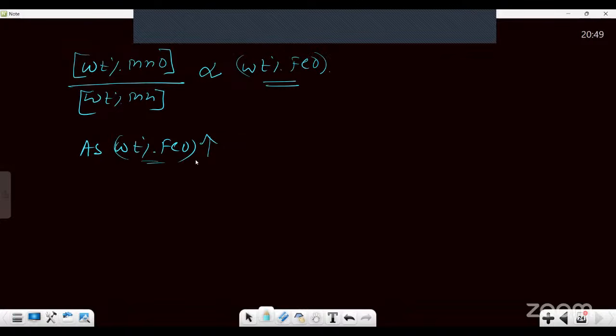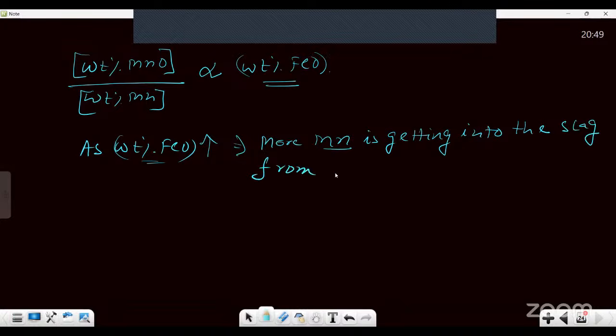That means the weight percentage of FeO in the slag is increasing, so more manganese is getting into the slag from the hot metal. Right? So this is exactly what is happening.